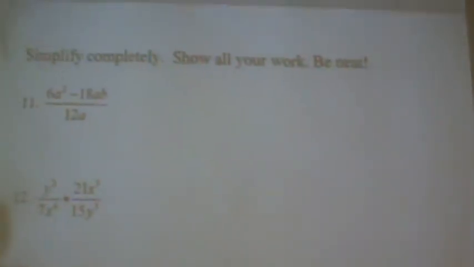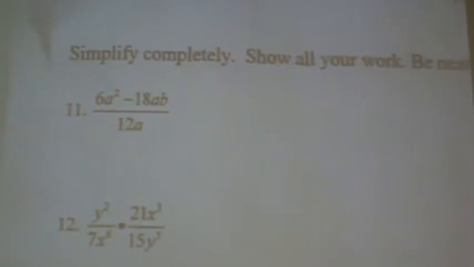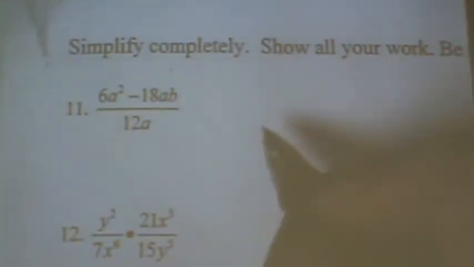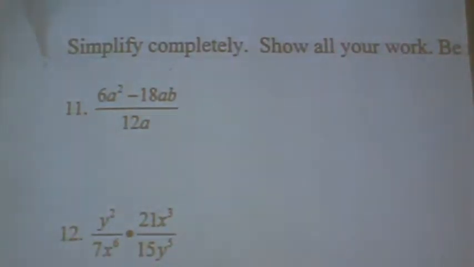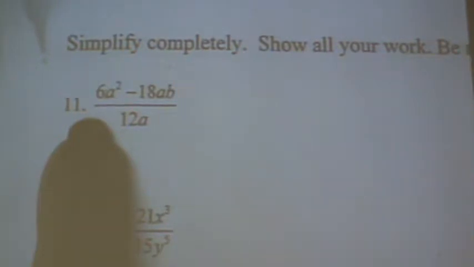Number 11. These ones I would like to see your work. You are going to factor completely. So for the numerator, what can you pull out? You're going to pull out your GCF for this one, which is 6a. Pull out a 6a.